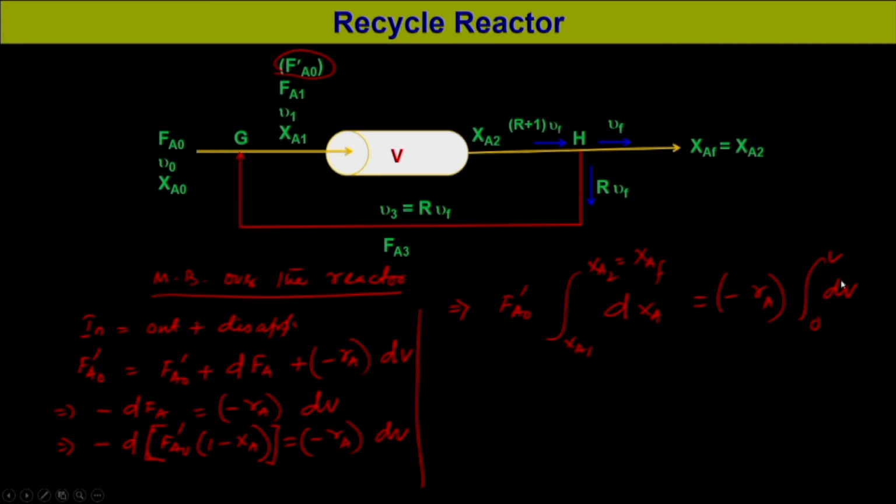So from this we can write V by Fa naught dash would be equal to the integral from Xa1 to Xa2, which is Xaf, dXa by minus Ra.